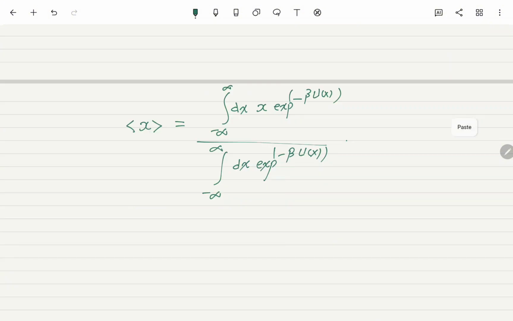Just for simplicity, we use beta equal to 1 over kB T, such that the anharmonic terms in the energy are very small compared to kB T.